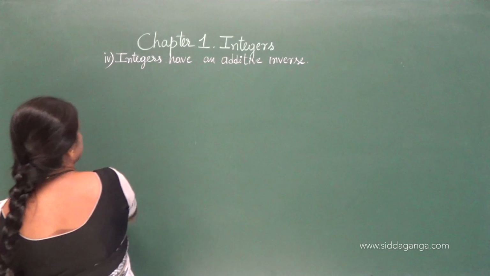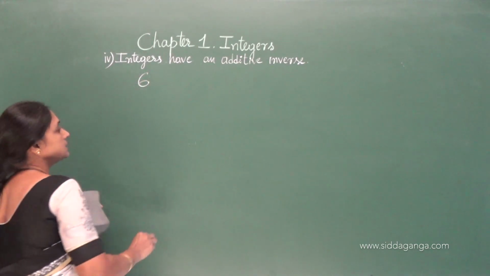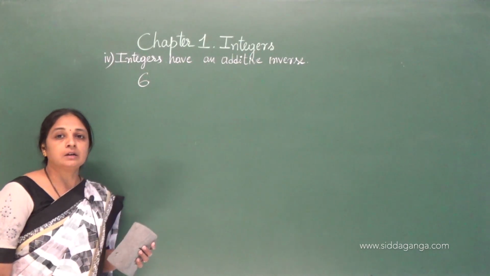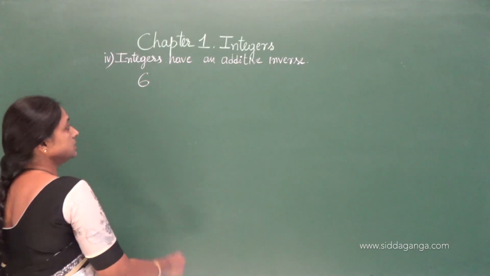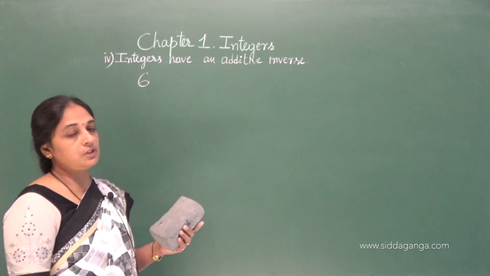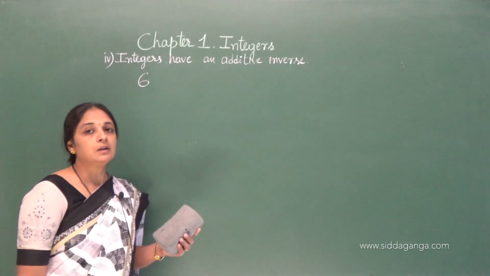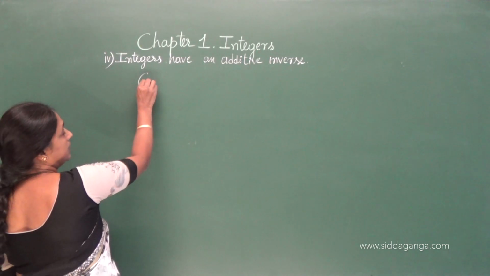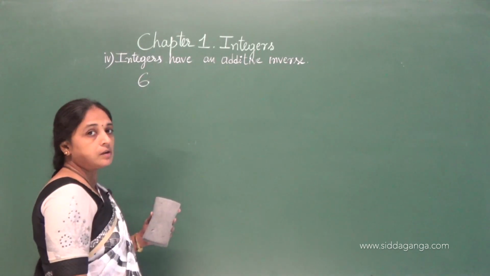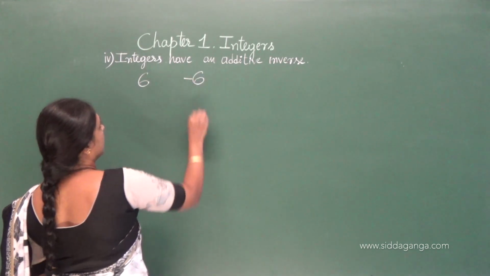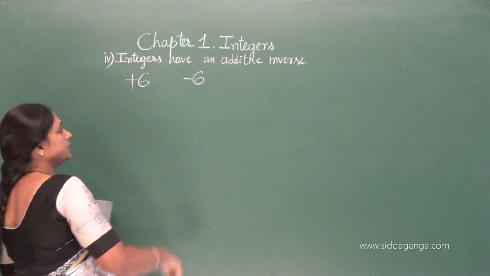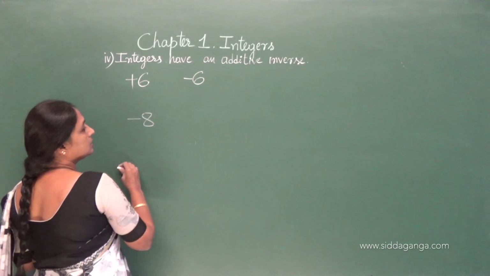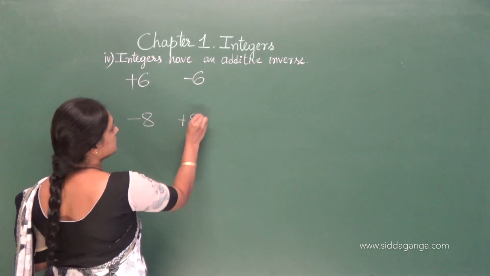Okay, let's consider 6. We don't always write the plus sign for positive integers. If we consider negative integers, we must write the sign there. It is plus 6, then the additive inverse of plus 6 is minus 6. So for minus 8, the additive inverse is plus 8.